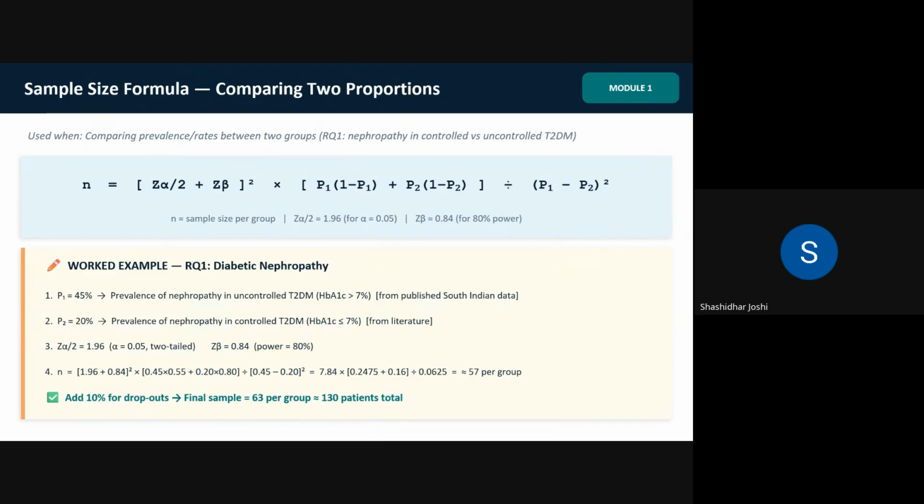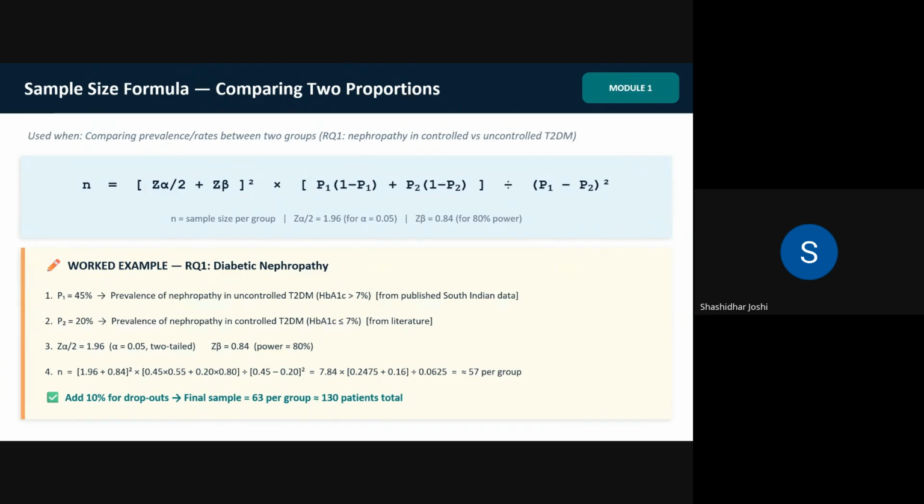Now, n is nothing but sample size. The letter n represents the sample size. And there is also a component called Z alpha by 2, the value is already given there, 1.96 for alpha 5%. For alpha 5%, if you see that formula Z alpha by 2, just use that 1.96. That's it. Don't worry about anything else.